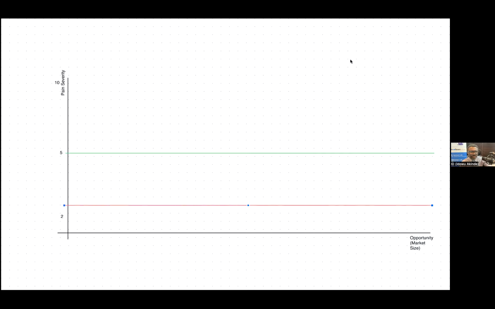Yeah, let's say that that's 2. Perfect. And let's change this to color blue. And then let's do a 7 somewhere here, to represent what we modeled on the other side.